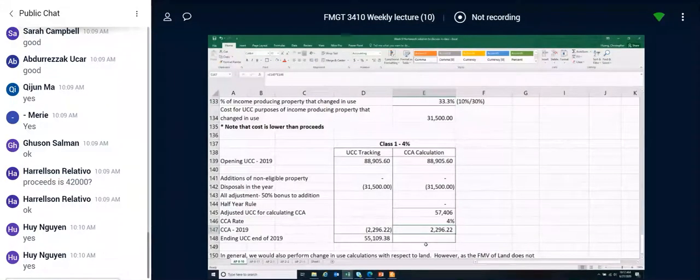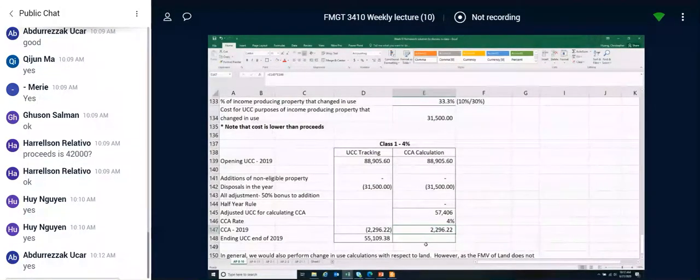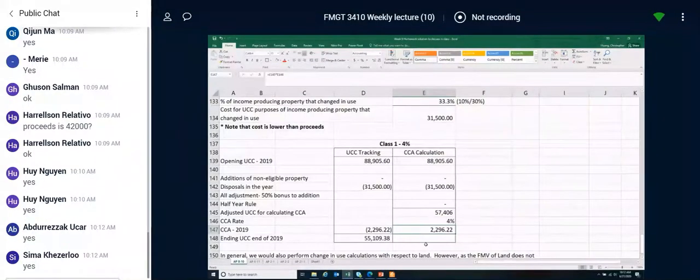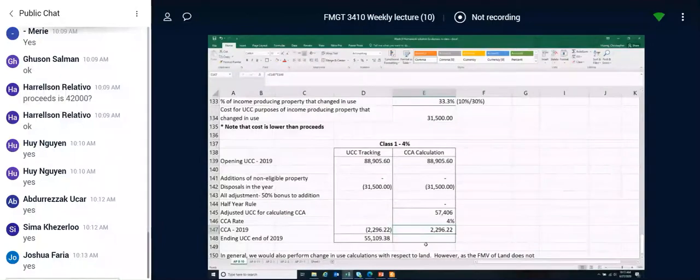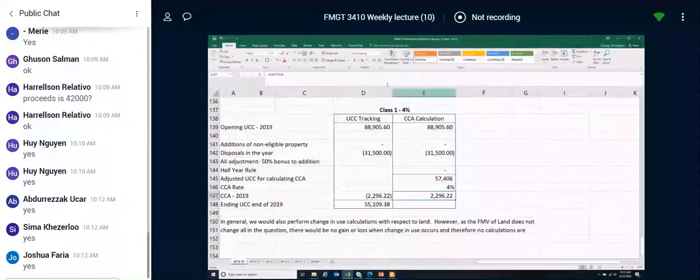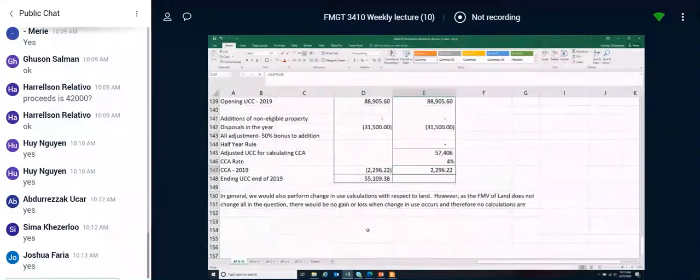Does that make sense? And again, you don't worry about land because there's no change in fair value in the land.